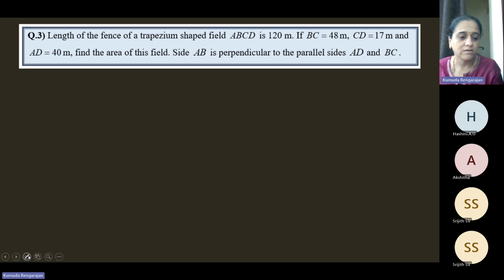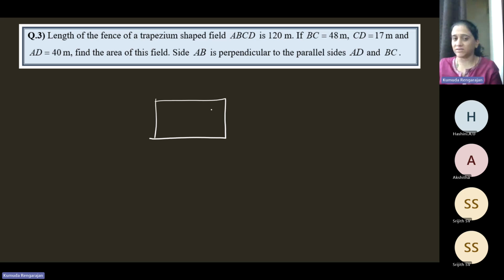So see here. At first, you just draw a trapezium like this. Or just draw a rectangle like this, mark it ABCD. See the parallel sides. Which are the parallel sides? AD and BC are the parallel sides.